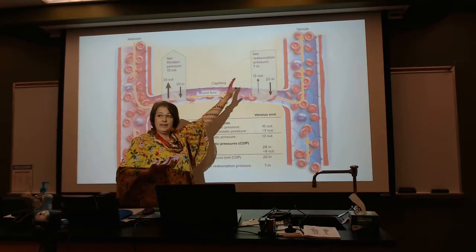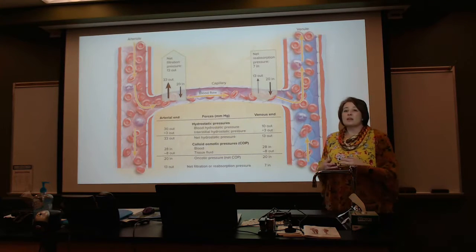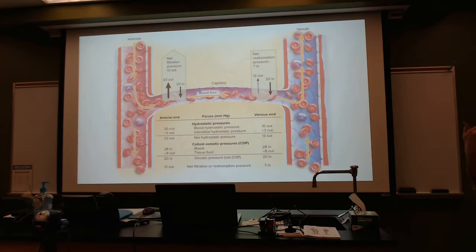In the grand scheme of things, under normal conditions, the tissues, if they have been active, those cells are going to have a demand for materials. So therefore, on the arterial end, pressure's high, okay?